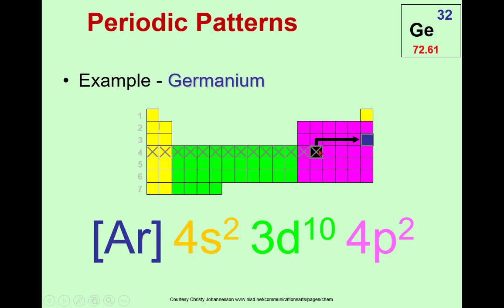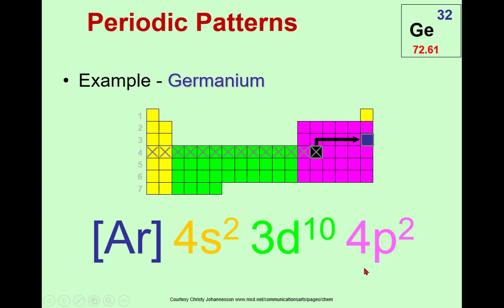If we are counting the electrons or the position, we have to consider the number of argon, that is 18 electrons. So we add 18 plus 2 is 20, 20 plus 10 is 30, and 30 plus 2 is 32. So it makes the atomic number 32.